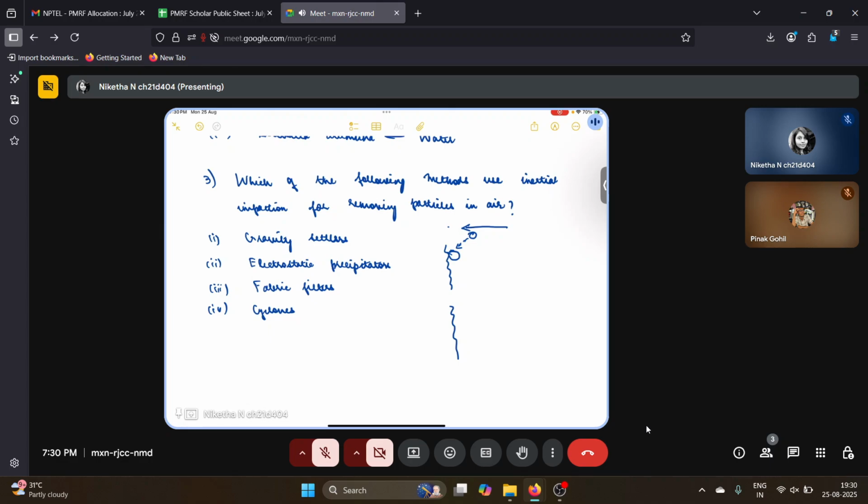Once it stays where it is, gravitational force starts acting on it, and it tends to move downwards. When it moves downwards, if there is a surface here, this surface makes the particle collide on it. That is impaction. So this is collision or impaction combined with inertial displacement, and that is the thing behind inertial impaction.